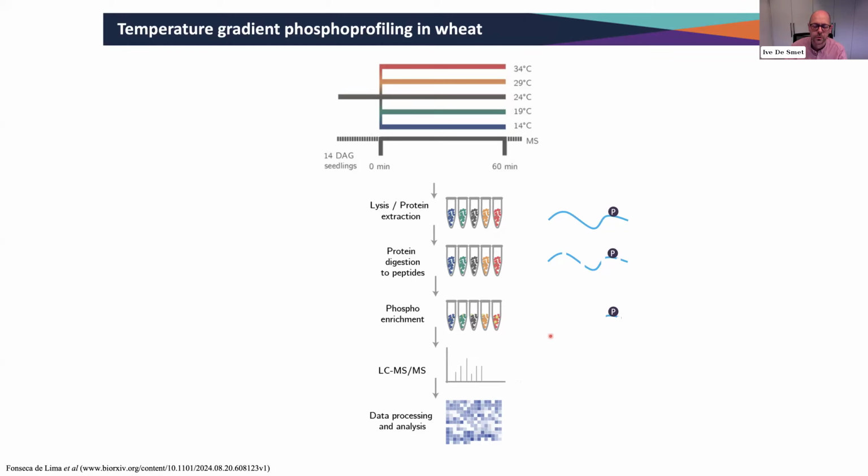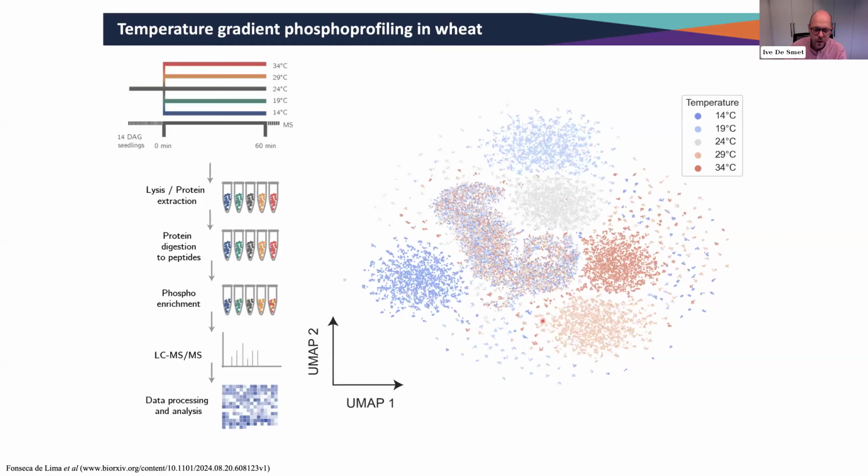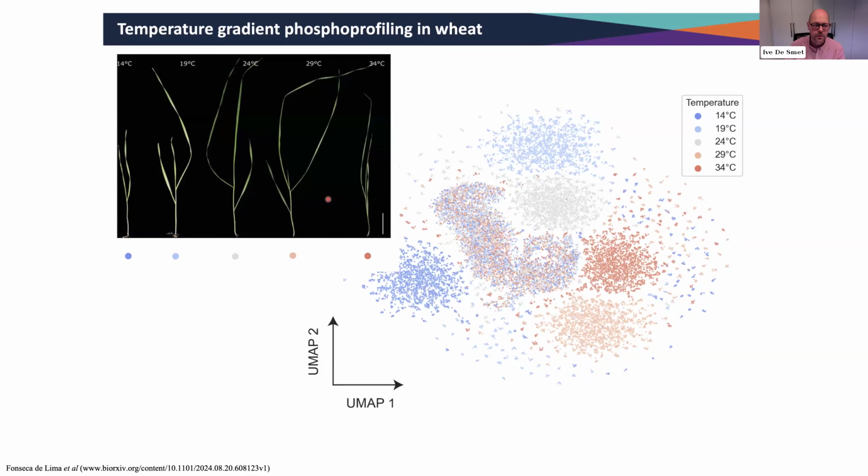So when we do that for our temperature gradient, we see that there are indeed a number of peptides, and each dot here represents an individual peptide, that are not obviously different between the different temperatures, but we also see clouds coming up in this UMAP plot that tend to be associated with one particular temperature, and one particular temperature that has a particular growth response in these seedlings.